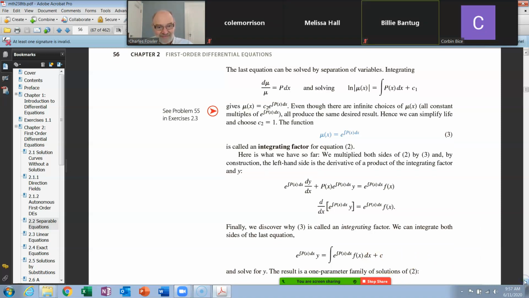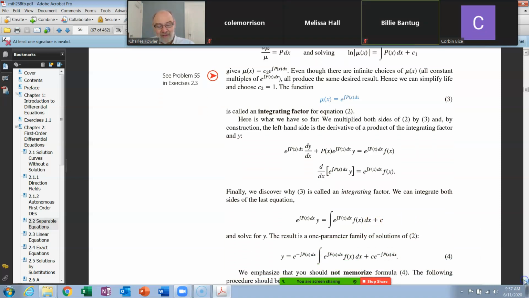You may not realize it, but when you integrate this thing, you get e times y here. And then once you integrate this thing, and here you do put in the plus c, then you divide both sides by e to the that, which means you're multiplying by e to the minus that.